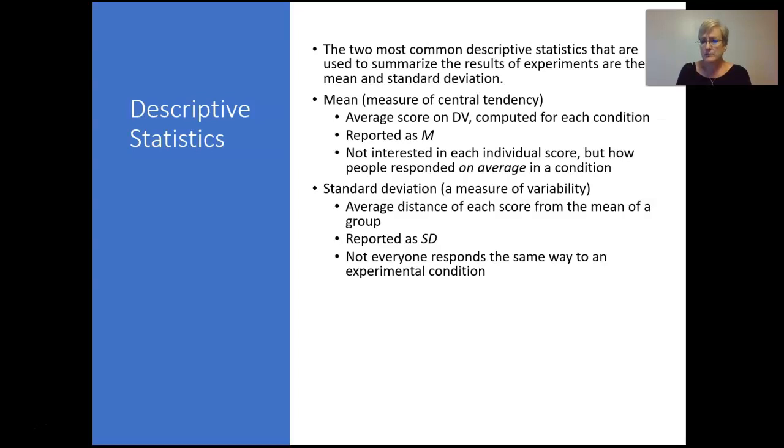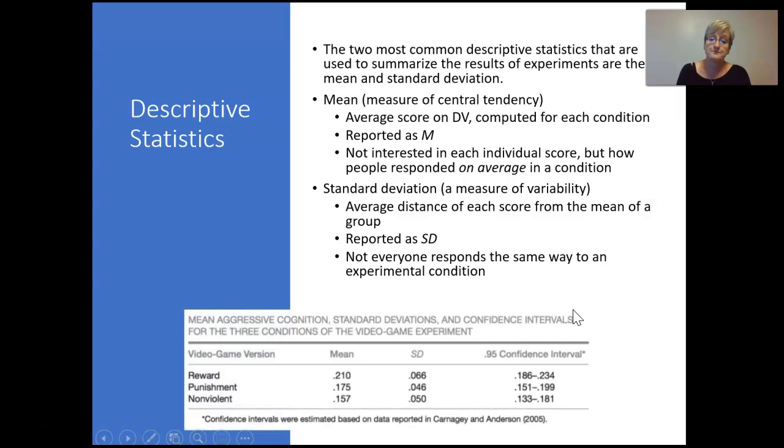The higher the number, the higher the value of the standard deviation, the more spread out the scores are, and therefore the less representative the mean actually is of the whole group. If your spread is relatively small, if the value of your standard deviation is relatively small, that means that the mean is more strongly representative of the sample.